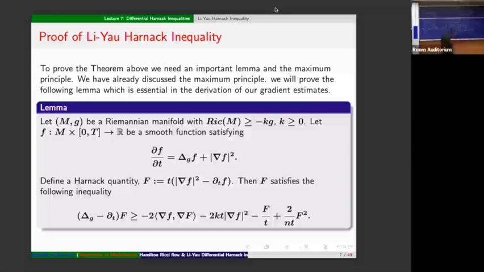This Laplacian is a space-dependent derivative, not time-dependent. Meanwhile, what we are doing here is on a static manifold, so our metric is not Ricci flow. Ricci flow is not coming into play here. We are discussing the original result of Li and Yau. It's on the linear heat equation, not on the Ricci flow. So this is not dependent on t.